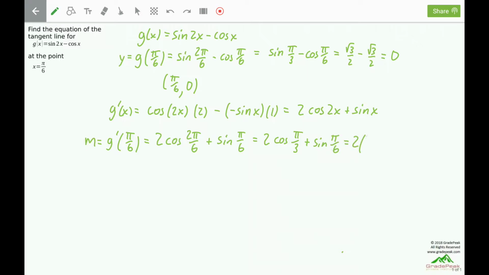The cosine of pi over 3 is a 1/2. The sine of pi over 6 is also a 1/2. So we have 2 times 1/2, plus a 1/2. They're already over a common denominator. So let's add them together. And it looks like our slope came out to a 3/2.